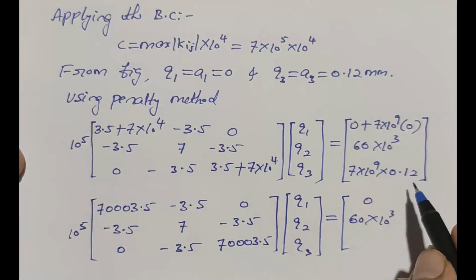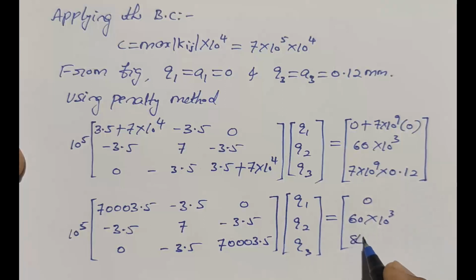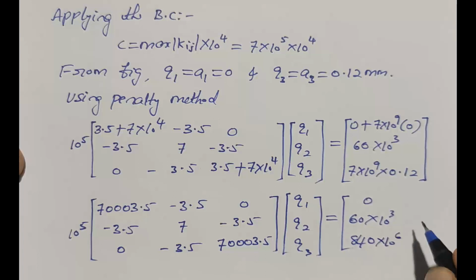If you multiply this here, you will get 840 into 10 power 6. This is the equilibrium equation after applying the boundary condition by using penalty approach.